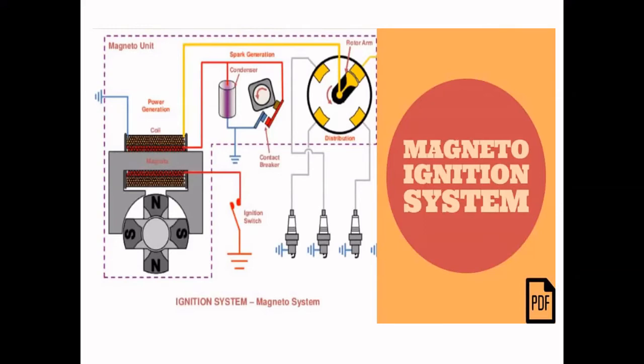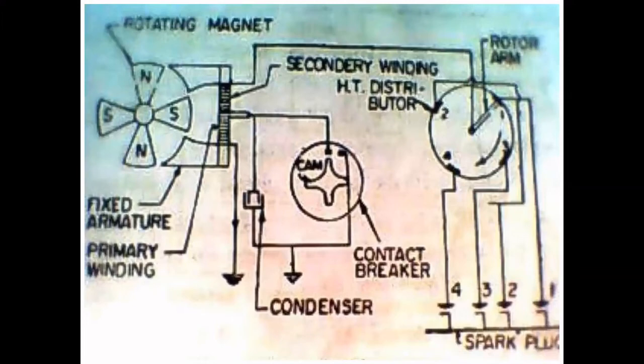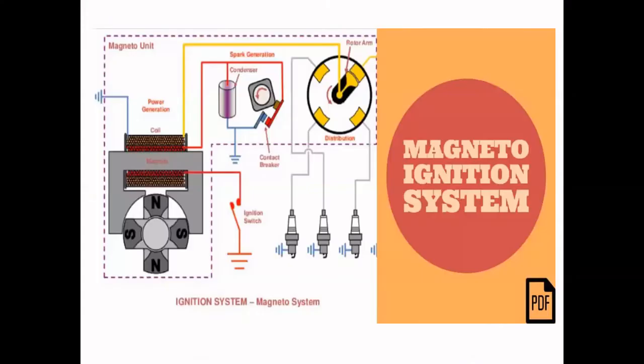One more diagram is there, which is also the same diagram, but I have taken this from an internet source. I think this will be easier for you to understand. Just have a glance for 2 minutes, then I will explain the different components and how the magneto ignition system works, and its working principle also.